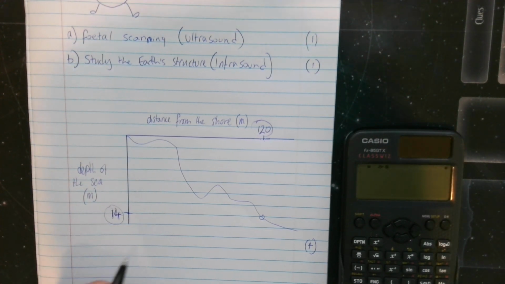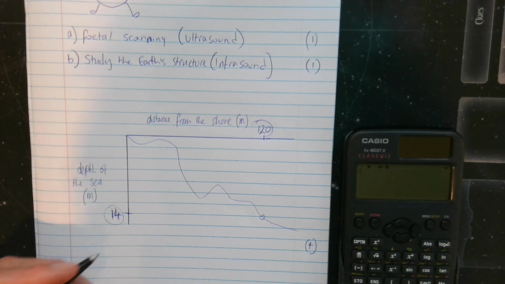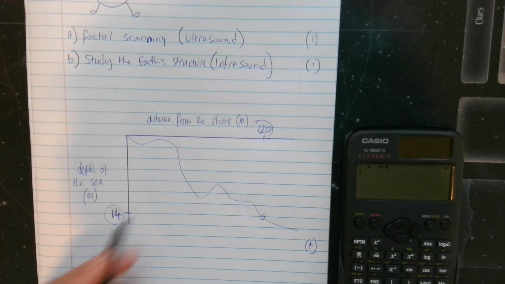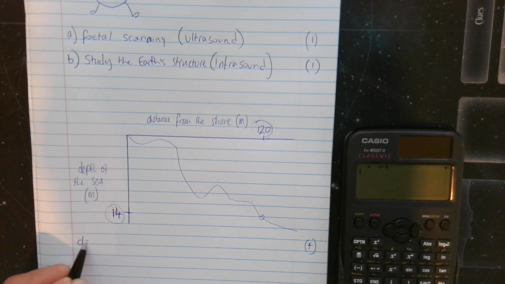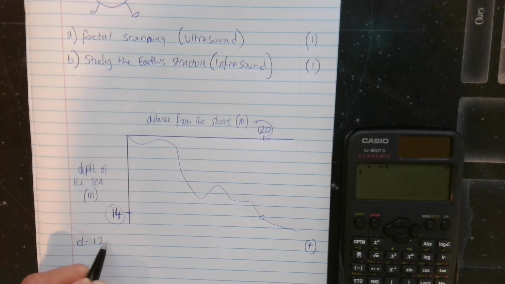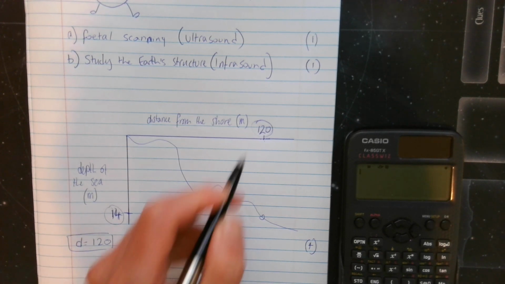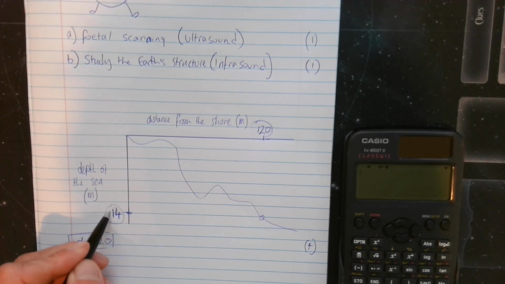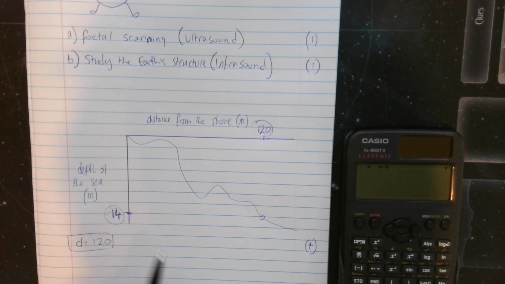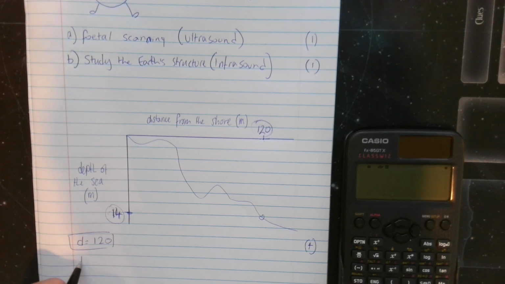Now, as always with equations or a calculation, let's write down what we've got. So we've got distance from the shore is 120. But actually what we're doing with that is we're using that to work out the distance of the bottom of the ocean. So our actual distance that we're measuring is this value here.